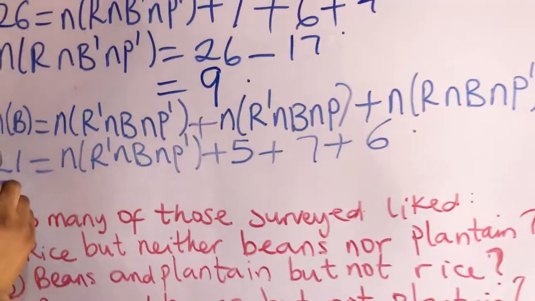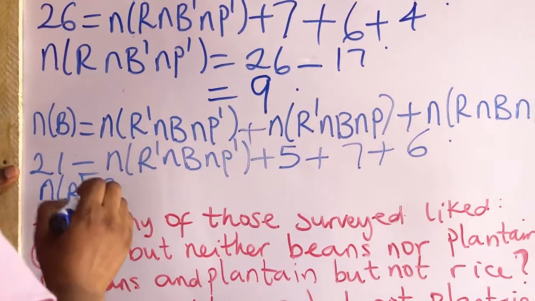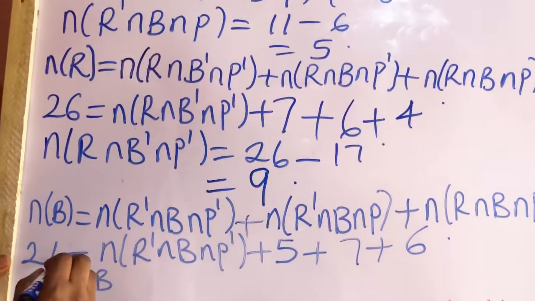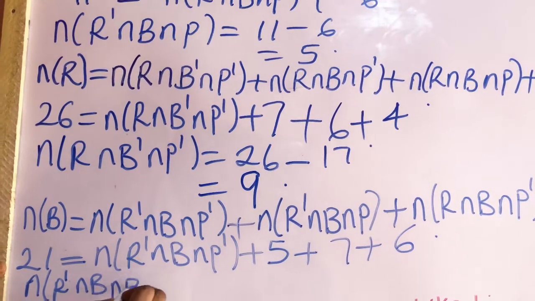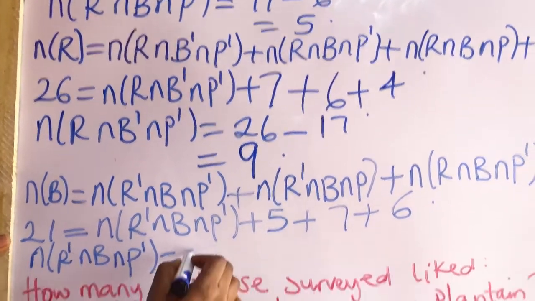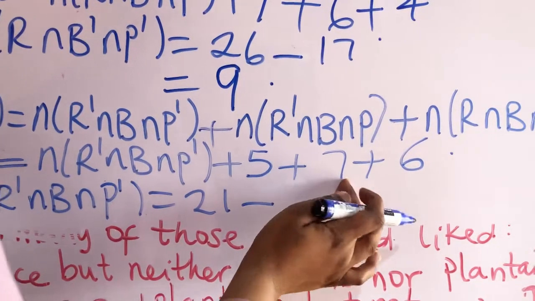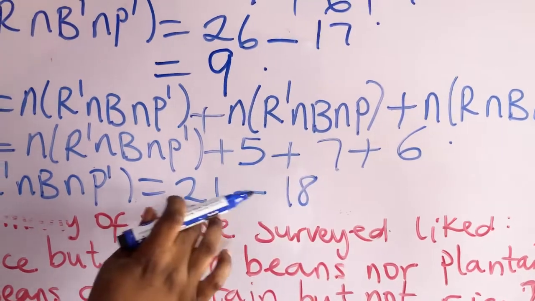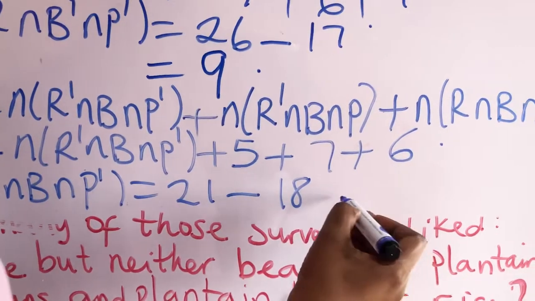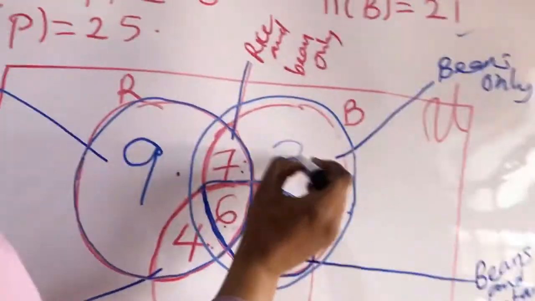So the cardinality of R prime intersect B intersect P prime will now be equal to 21 minus (5 plus 7 is 12, 12 plus 6 is 18). 21 minus 18 is equal to 3. So those that like beans only, they are 3.